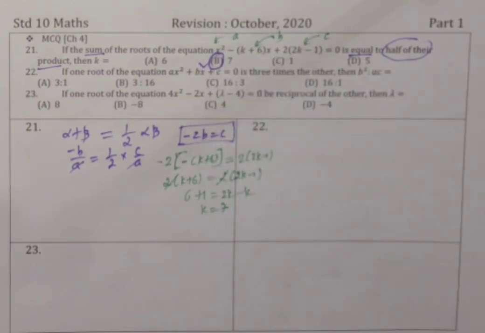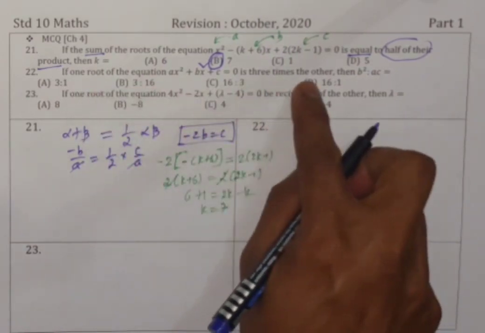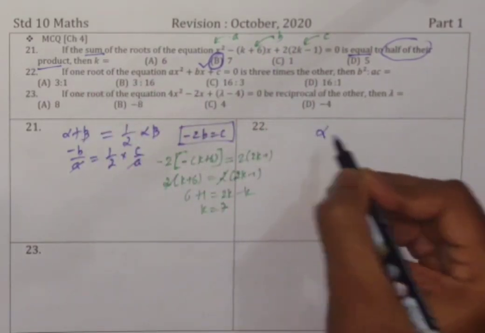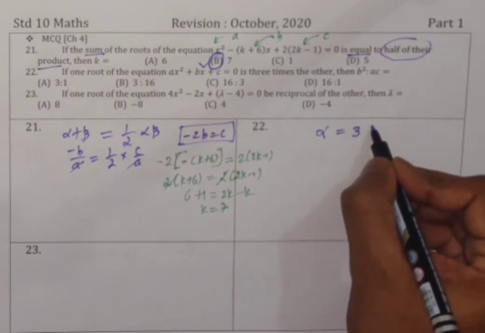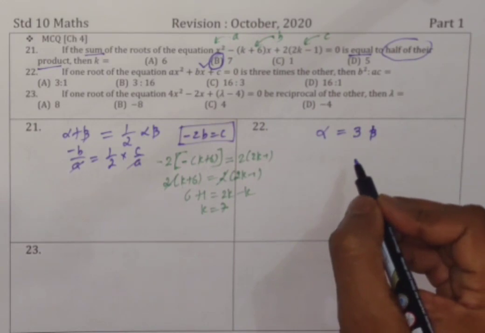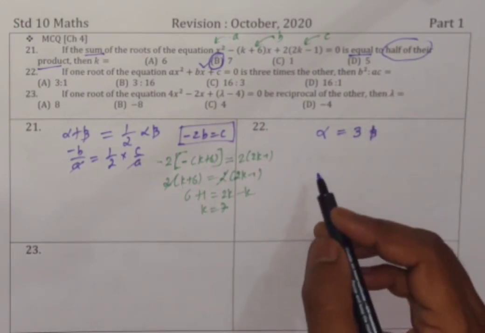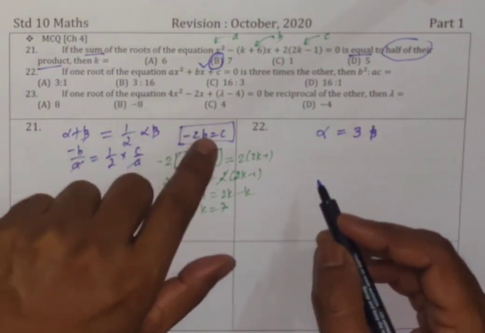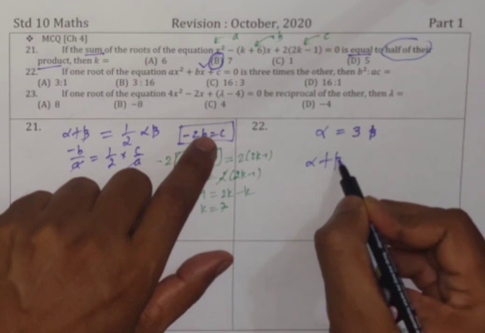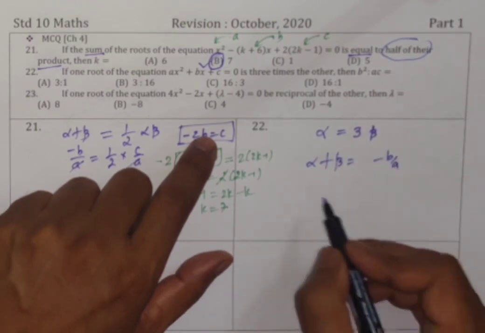Yes, B. Number 22: if one root of this equation is 3 times the other, alpha, that is one root, is 3 times the other root, that is beta. Correct? Then how will you find this now? Alpha plus beta is equal to minus b upon a.